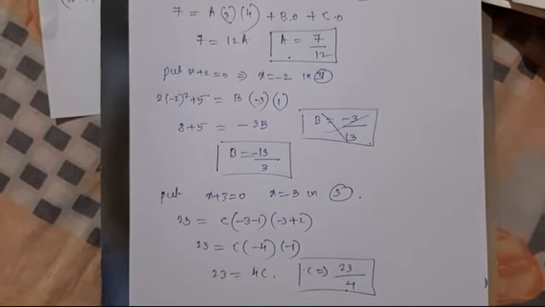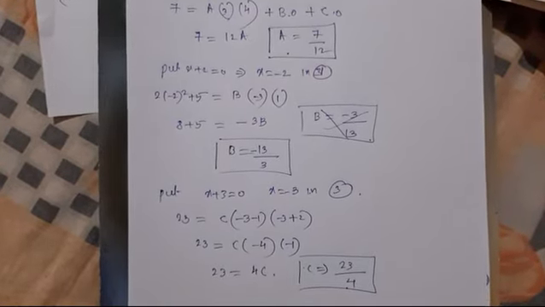So we got the value of a as 7 upon 12, b as minus 13 upon 3 and c as 23 upon 4.